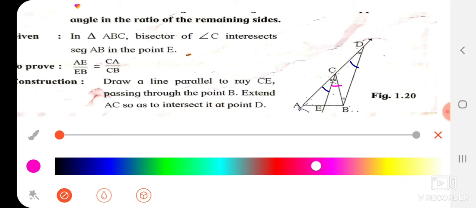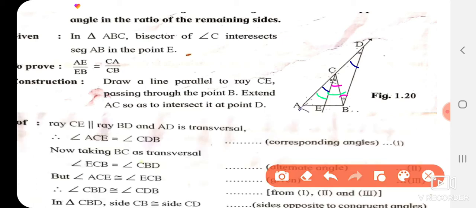Then you can say that angle ECB is congruent to angle CBD, and we can say that they are alternate angles. Now in triangle ACB, we have already said that CE is the angle bisector. So we can say that angle ACE is congruent to angle ECB. Okay. Now I hope things are looking a little simpler for you.